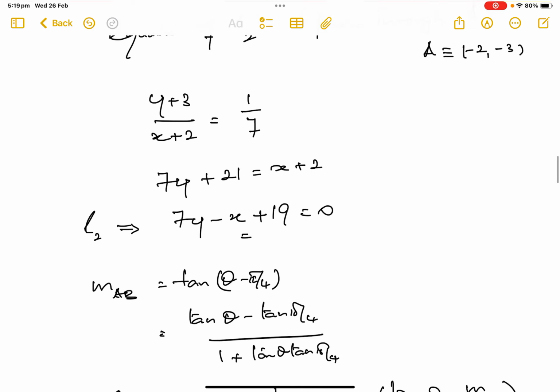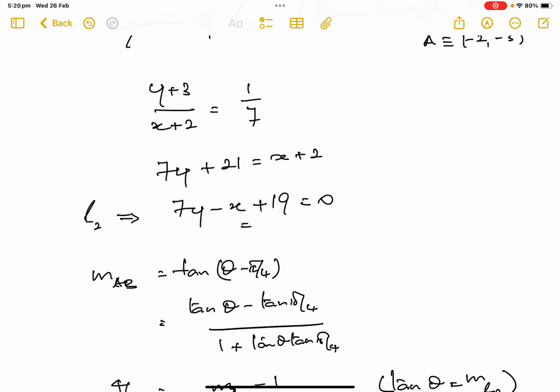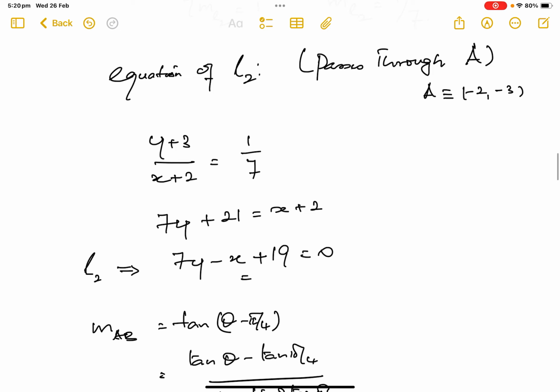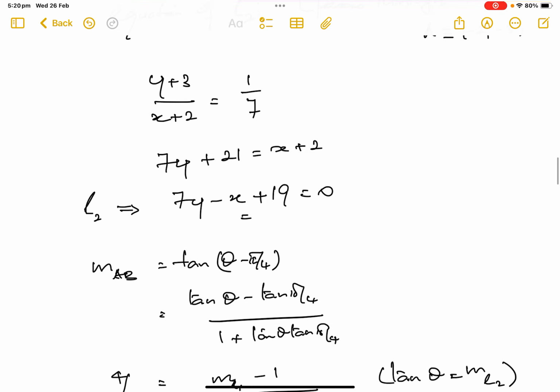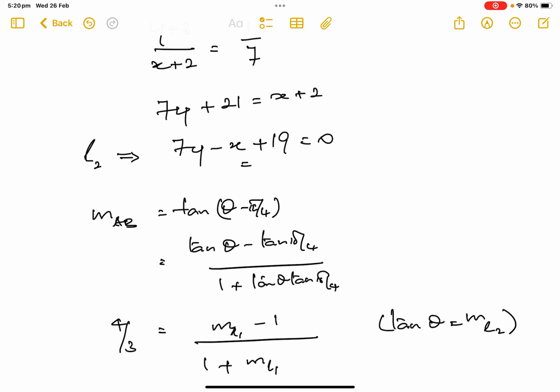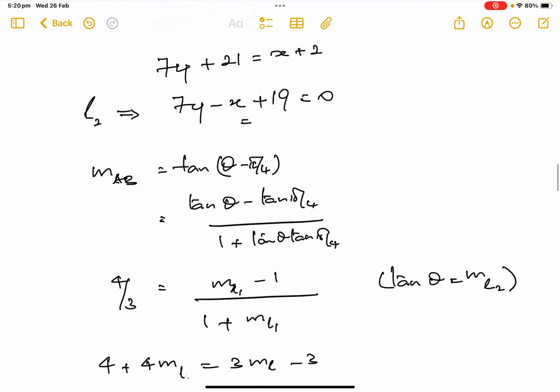Cross multiplication gives us the L2 equation, 7y minus x plus 19 equals 0. I just jumped over some little steps. So therefore, the L2 equation is found.